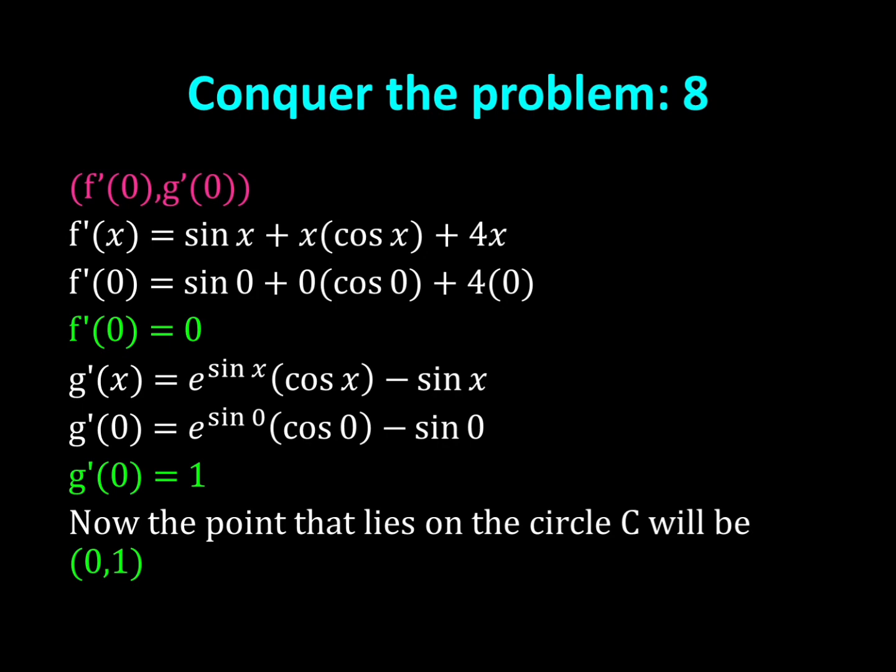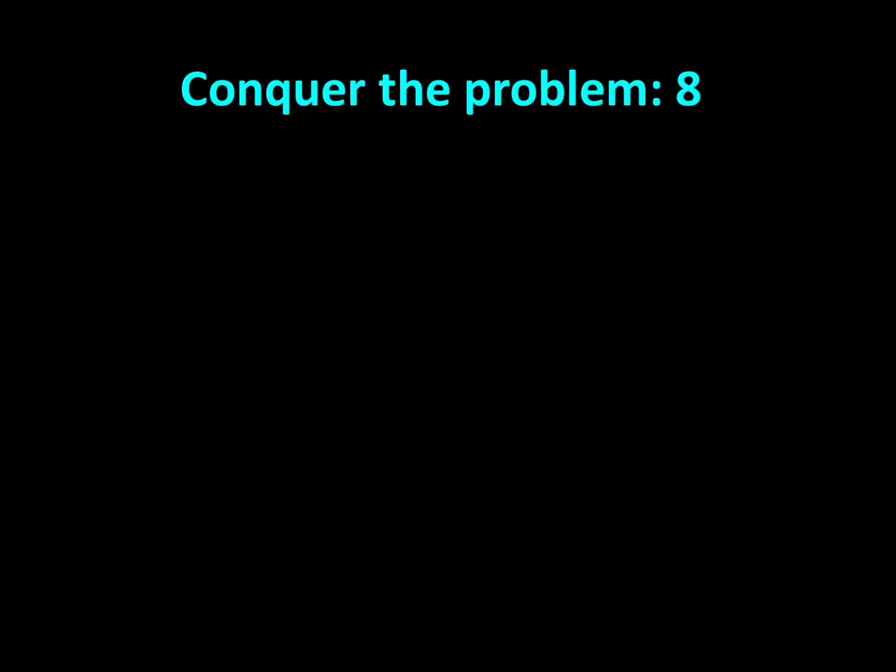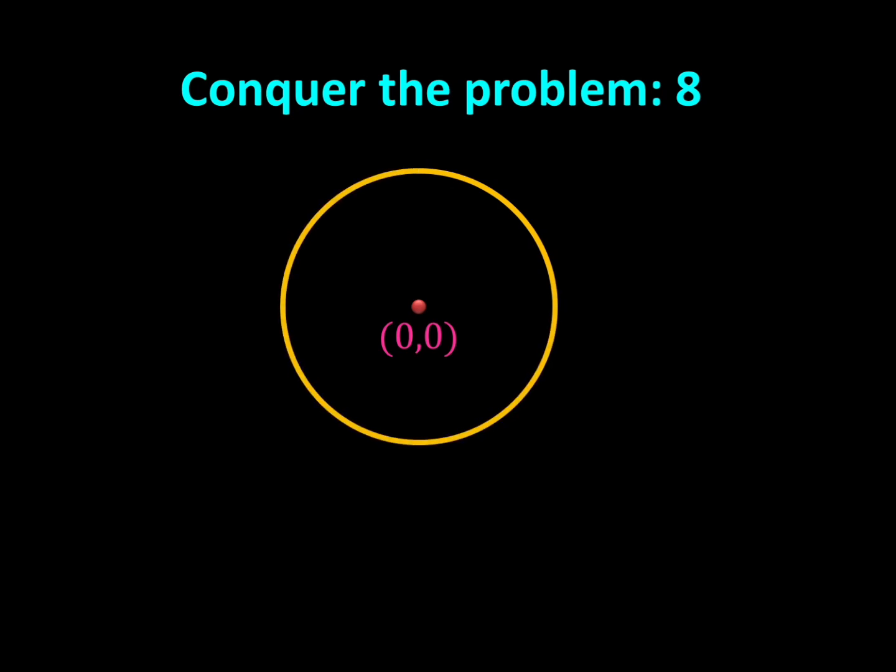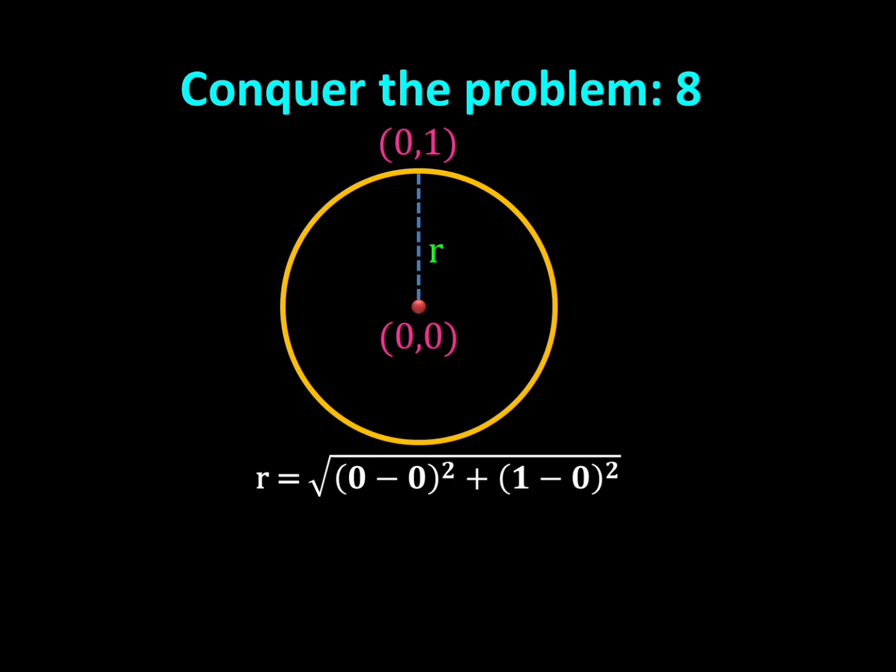Now, the point that lies on the circle C will be 0, 1. So now let us imagine a circle with center 0, 0 and a point 0, 1 that lies on the circle. Now this circle will have some radius r. So the radius r can be calculated by distance formula and radius comes out to be 1.